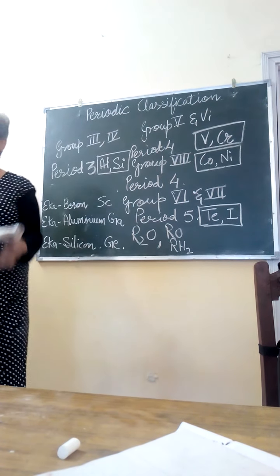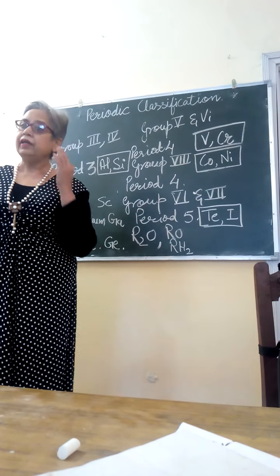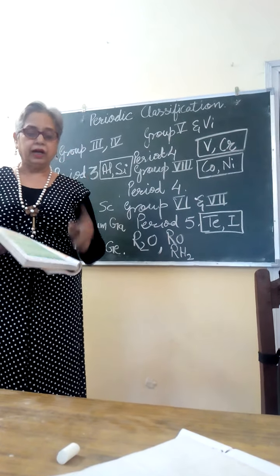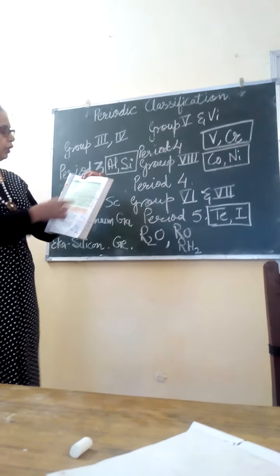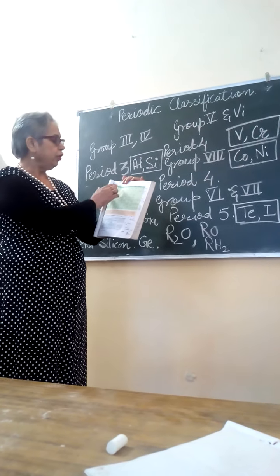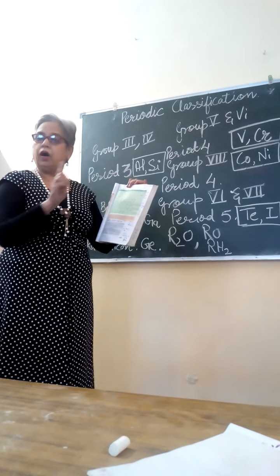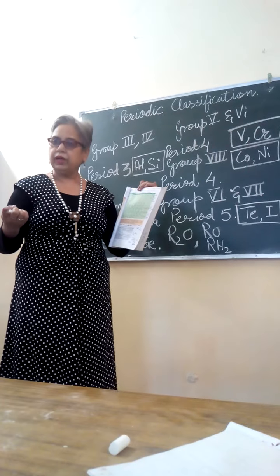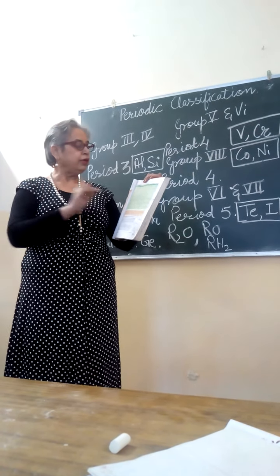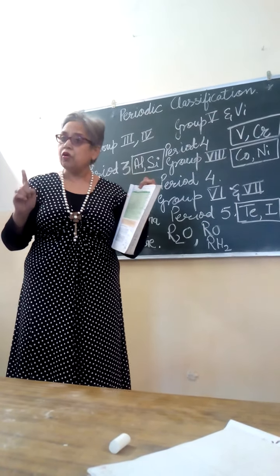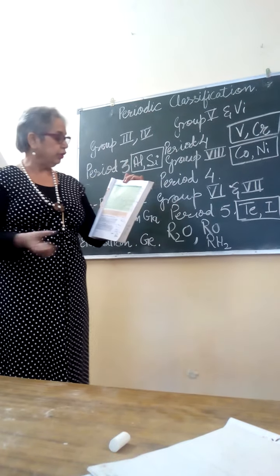Okay. Here again R refers to any element of that group. So when you look at this table 5.4, in each group R can be any element of that group, right? But the other element will be either oxygen or hydrogen.